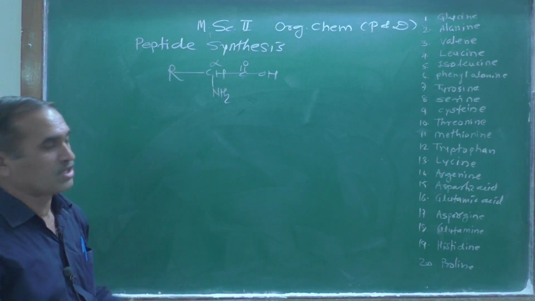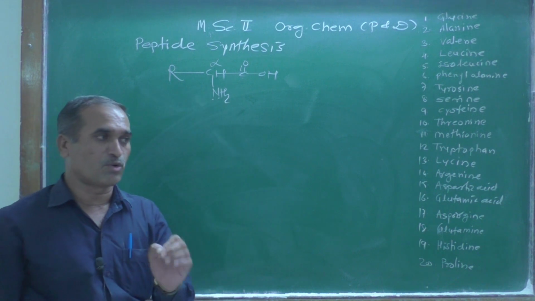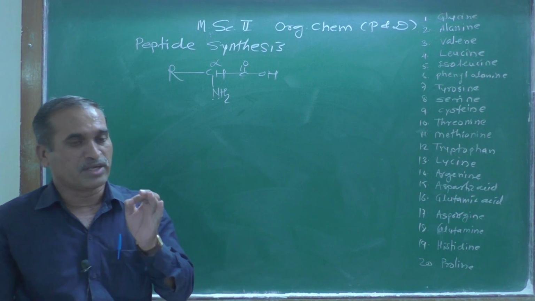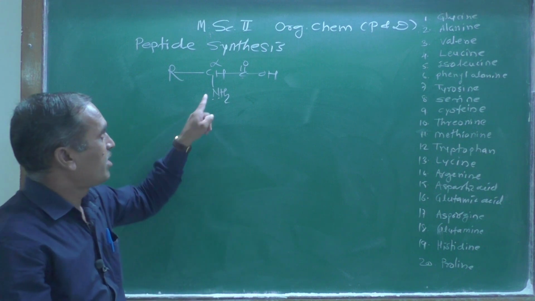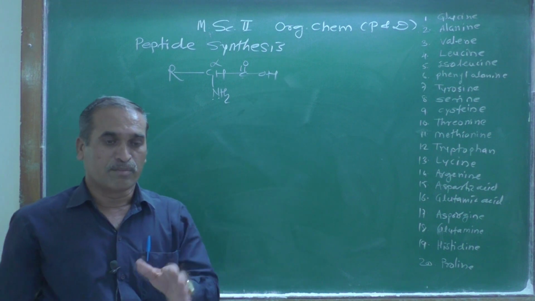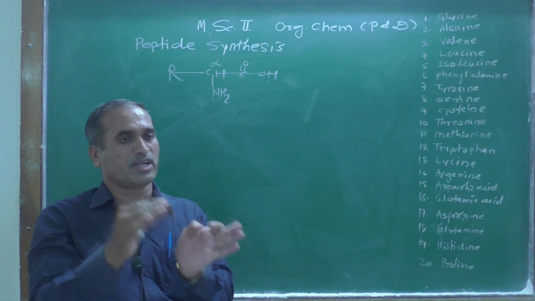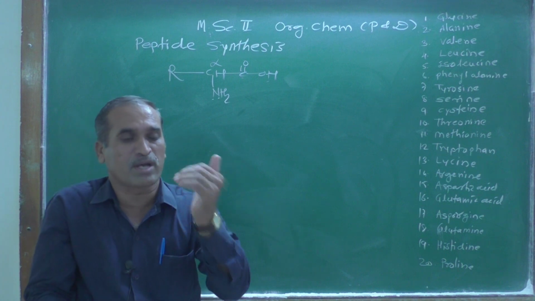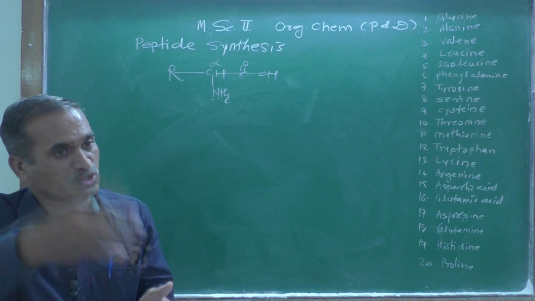At the alpha position there is an amino group, and as we know, the amino group means the nitrogen atom contains a lone pair, and it is readily available for donation. And this is the acid. Why is it acid? Because this proton is highly acidic in nature. It gets dissociated. The extent of dissociation means the number of H plus produced, and the acid strength goes on increasing.